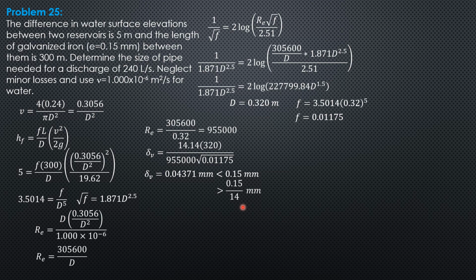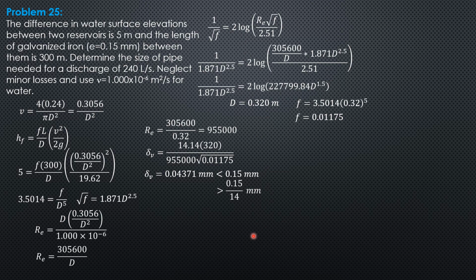So it means that our assumption is wrong and the pipe is in the transitional region.